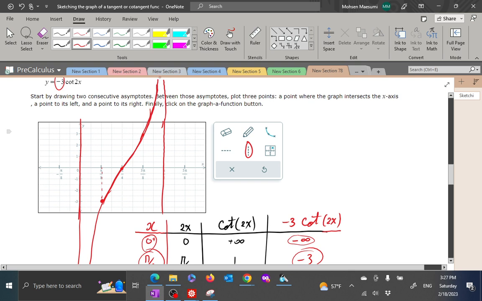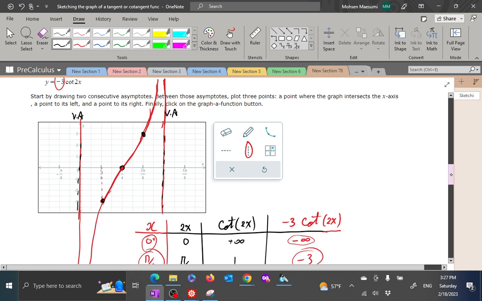So your software will draw that for you. These are the points that you click, and these are the asymptotes that you nail down. This is a vertical asymptote, and this is a vertical asymptote, and that's the picture.